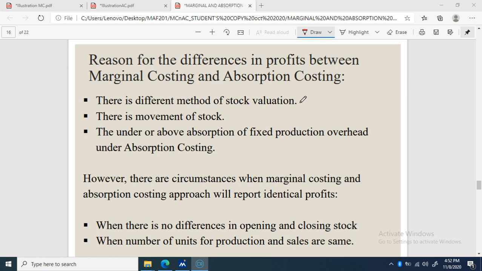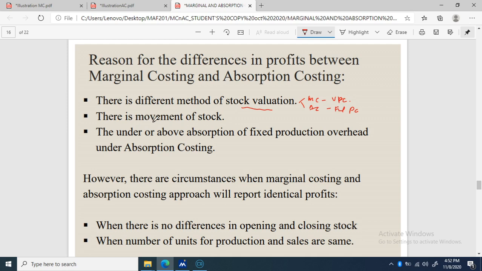Of course, because we use marginal costing and absorption costing, different methods will give you different stock valuation. Because for marginal we use only the variable production cost, while for absorption costing we use full production cost.